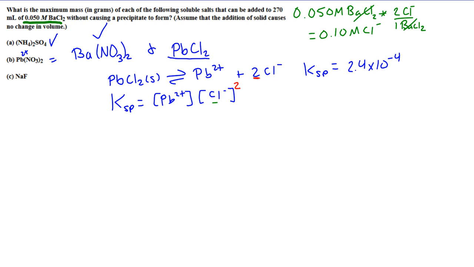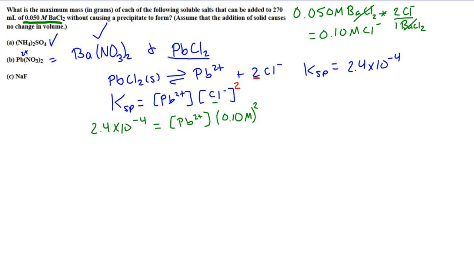And let's plug in what we know. 2.4 times 10 to the negative 4th is equal to our lead 2+ times 0.10 molar chloride. Don't forget to bring down the square, squared.